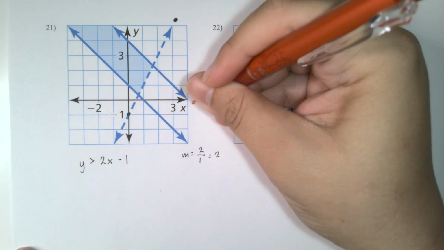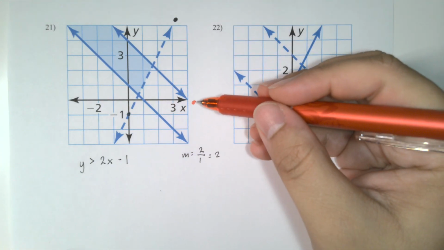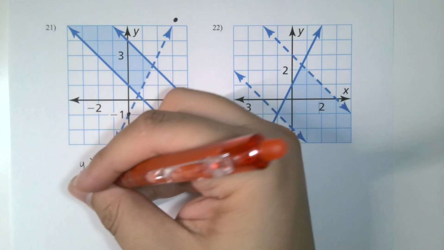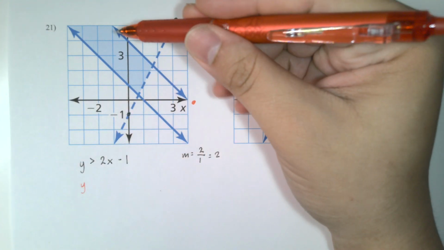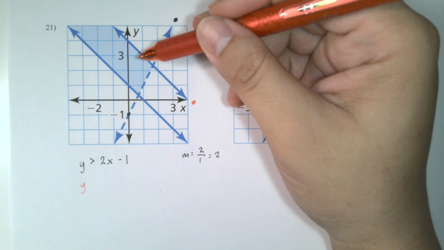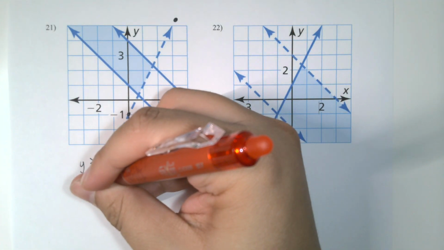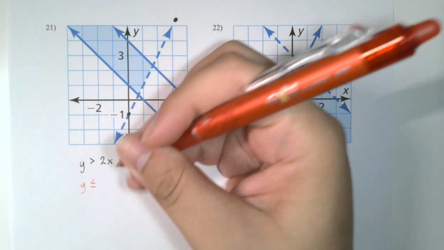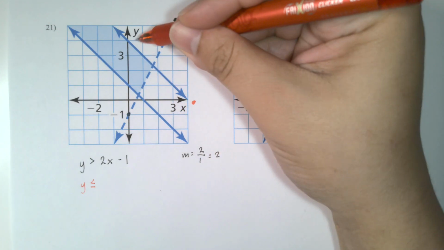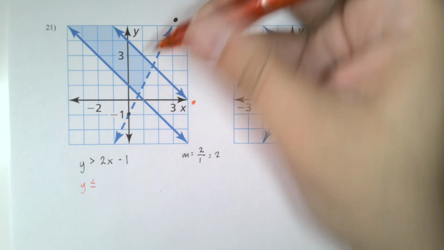The next one, I'll do this one. I'm going to write this as y. Notice that we're shading below, and it's a solid line. So it's going to be less than or equal to. The slope is going to be, we go right 1, down 1.